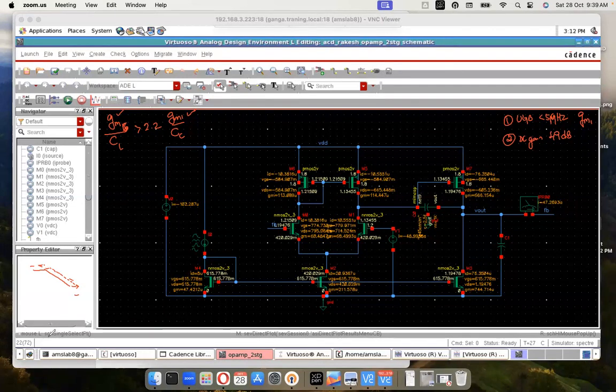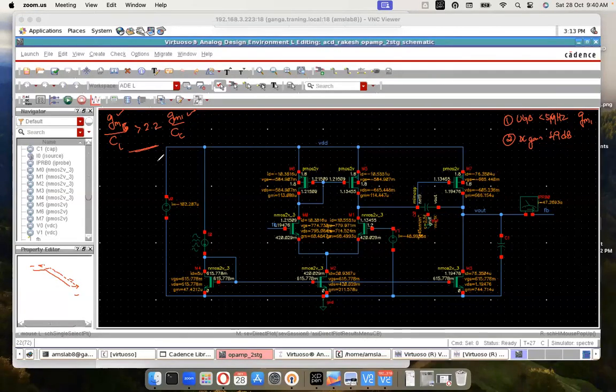If it becomes inside UGB, your phase margin is supposed to be 60 degrees. If it is 60 degrees, then this relationship has to hold. So if GM1 increases, GM6 also has to increase. So we have to touch both GM1 as well as GM6.